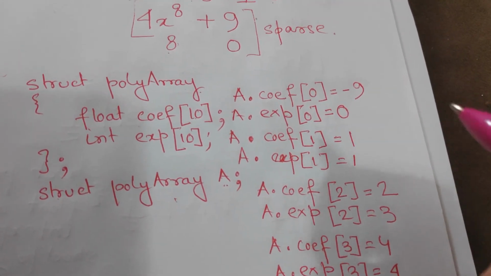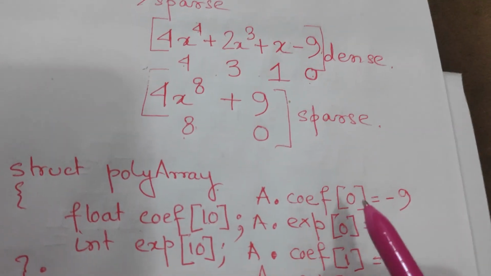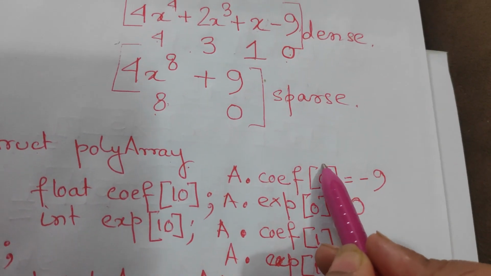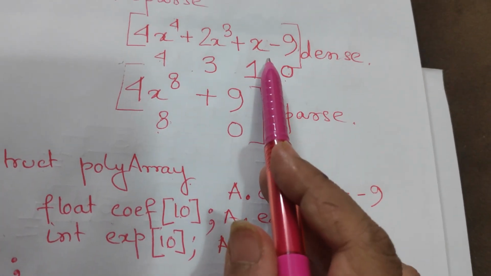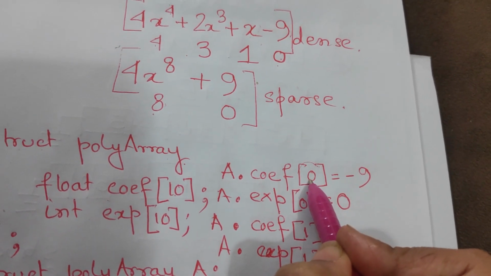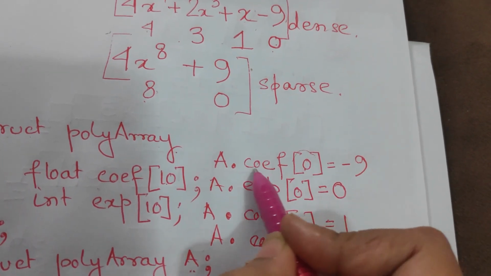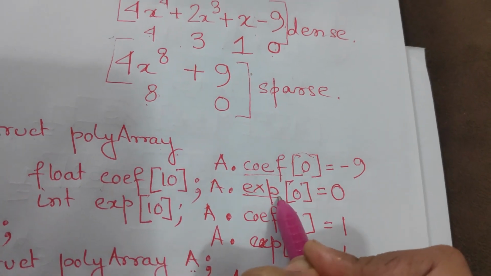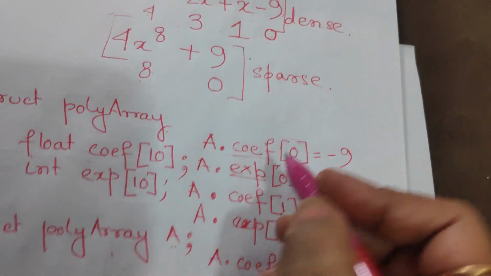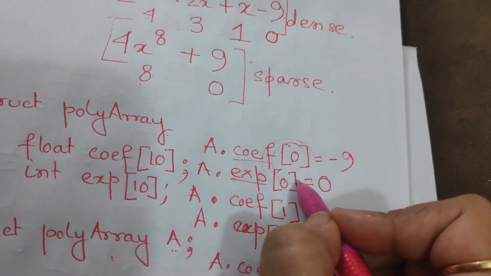Now you should take into account that for each index, suppose we are representing the first term, and if the first term is represented using the 0th index, then the coefficient and the exponent of this particular term both should appear in the 0th index.